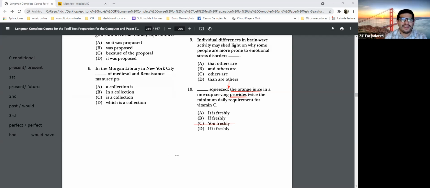It sounds more like it has to have a connector at the beginning. Why? Because letter B and letter D have a connector. Letter A cannot be because it's not an appositive. It's a connector. So it could be letter B or letter C.